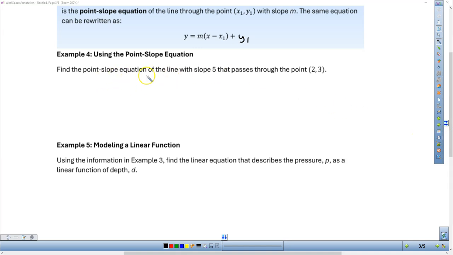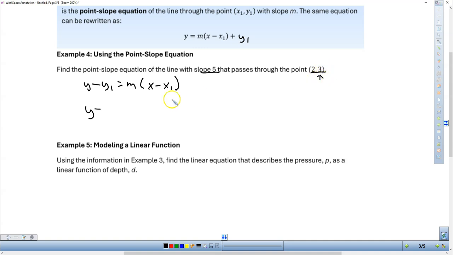So we want to have an equation that's going to have a slope of 5, and we're passing through the point 2, 3. Well, all we need to do is plug that back into that original equation. So let's go ahead and write that equation again one more time. y minus y1 is equal to m parentheses x minus x1. And so if we look here, we can just plug in our values. Well, let's plug in y minus, what's our y1?